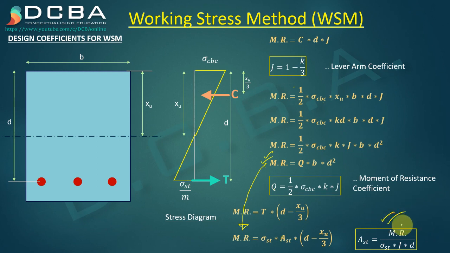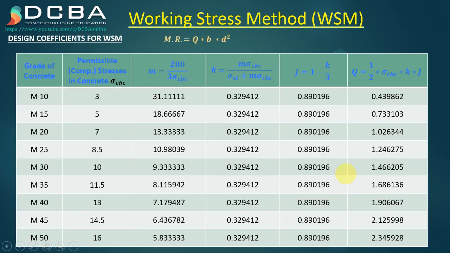So this is how we have to use these coefficients, and this is a table that I've created. This is for a particular steel grade, either Fe415 or Fe250. You just find out for which steel I have prepared this table. It is simple. You can also prepare this table in Excel.